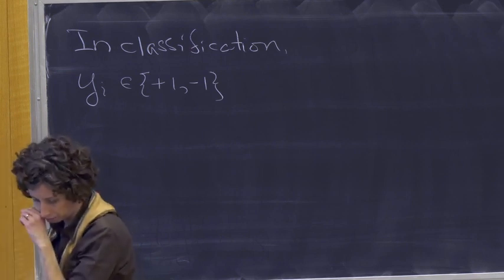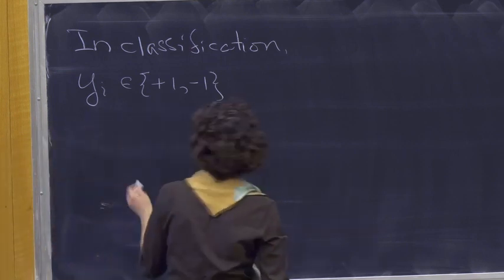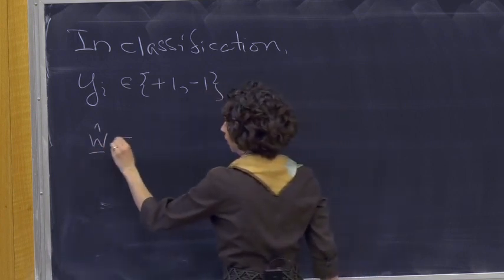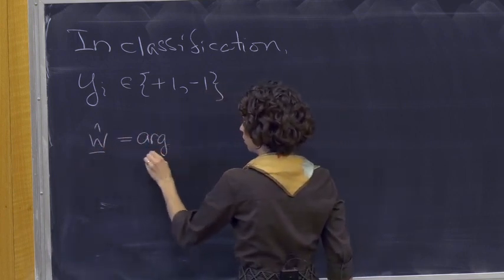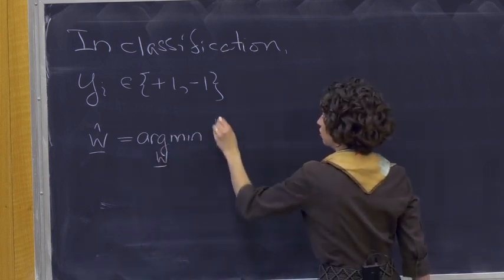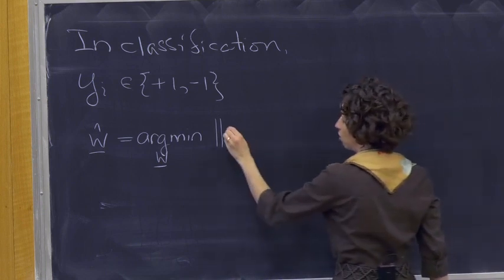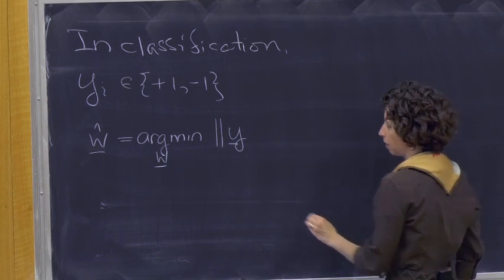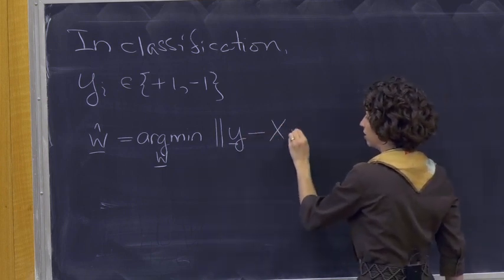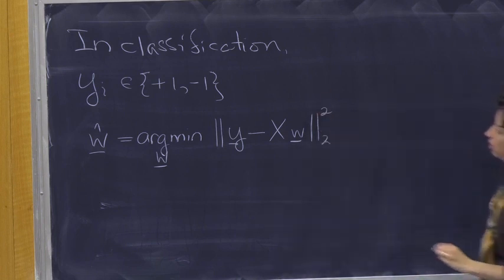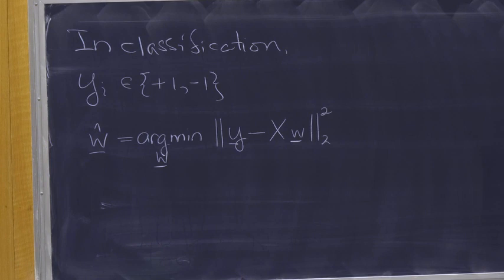And we said that we're going to compute our weight vector w hat as being the argument w that minimizes the sum of squared errors. So we want to minimize the distance between y, our true labels, and Xw, the labels that we predict using this linear model.